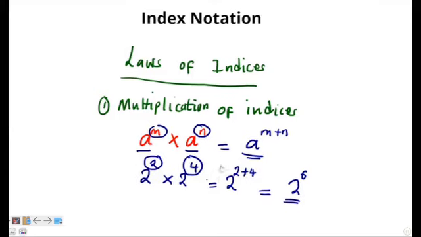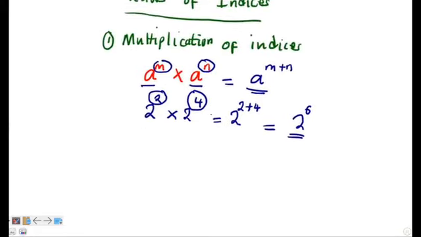Now, in case they say evaluate, but if they say simplify, you can leave your answer at this stage. If they say evaluate, you can proceed by remembering what I said: 2 to the power 6 means you multiply the base 2 by itself 6 times.